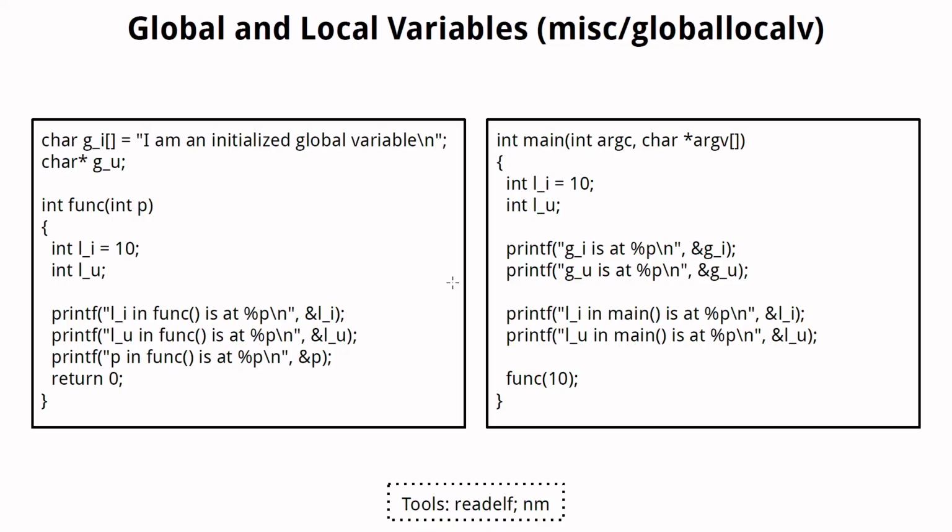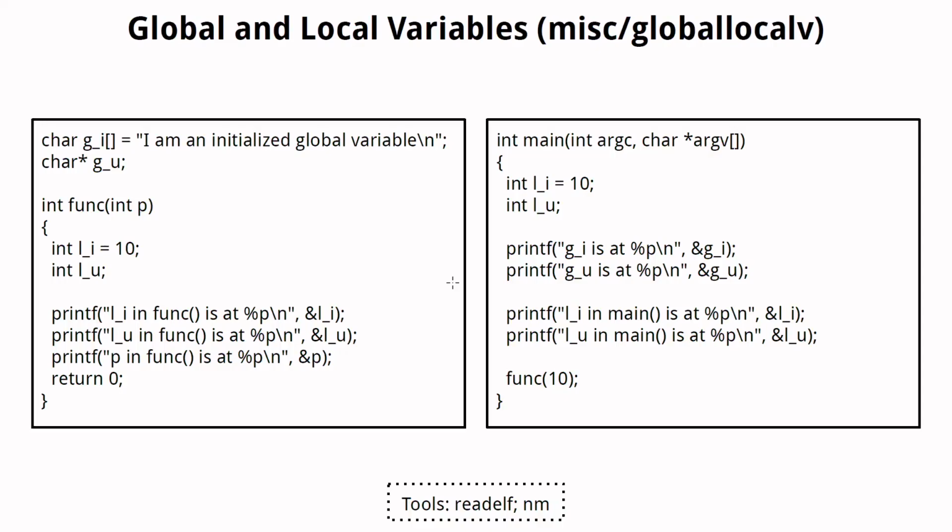It's just the char star g_u. That is not initialized. Then the main function has two parameters here. The first one is the number of arguments it received, argc. Another one is a pointer to an array, argv. Then we have two local variables, li and lu. One is initialized to 10, another one is not.